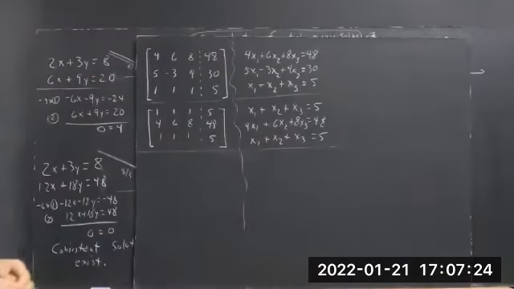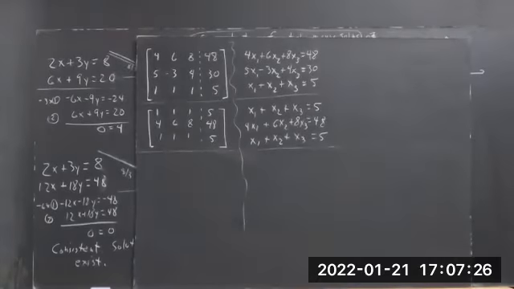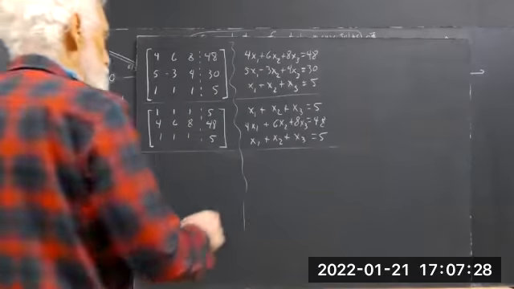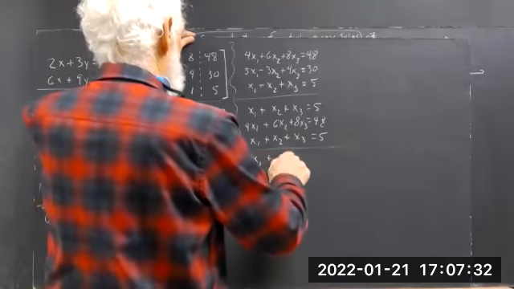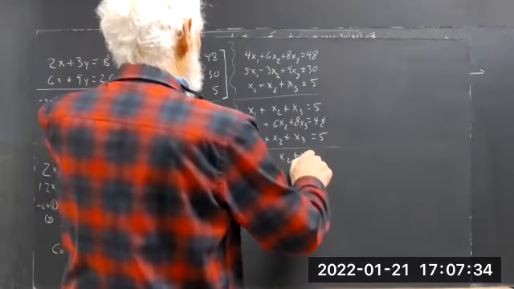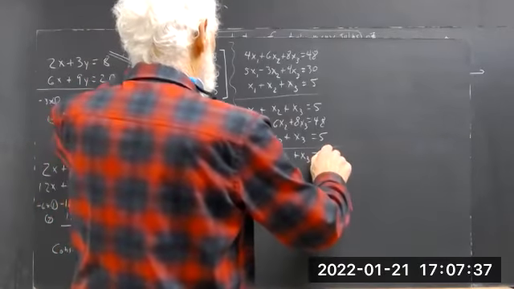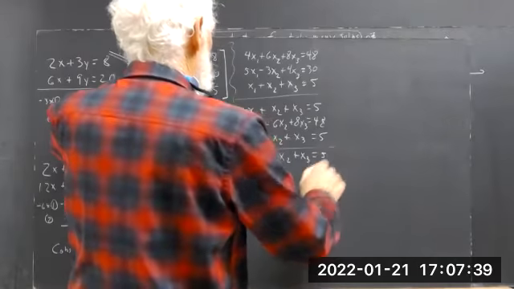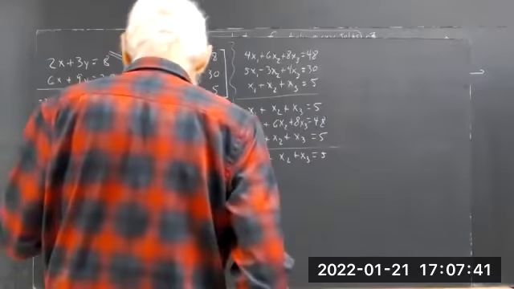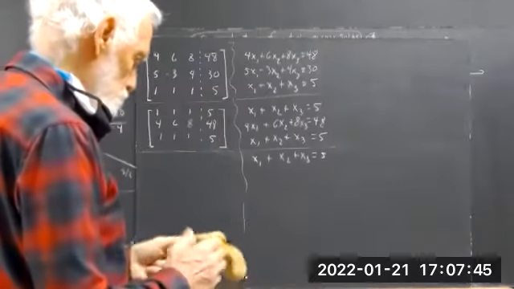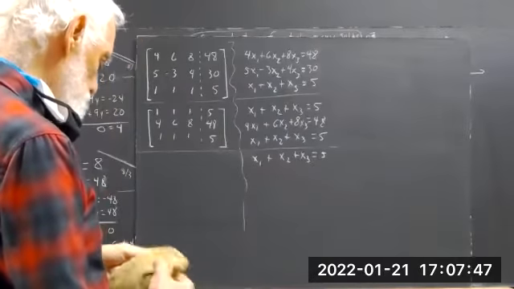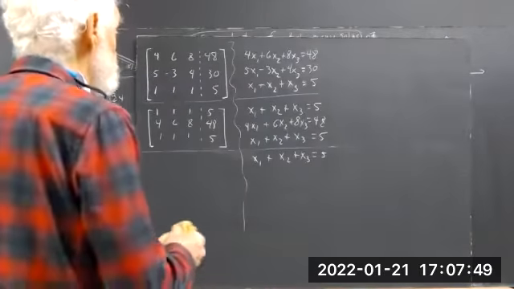Okay, so now I'm going to rewrite my 3 equations, but I'm going to do an operation to each one. I'm going to put x1 plus x2 plus x3 equals 5 here. And, you know, so you're getting used to me making clerical errors.